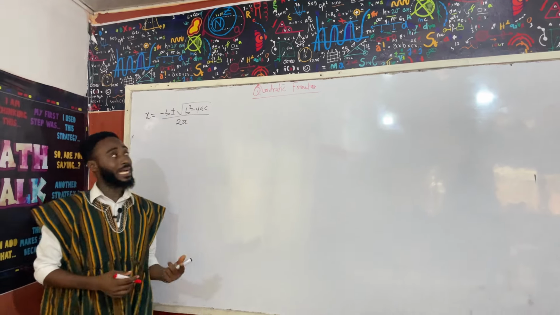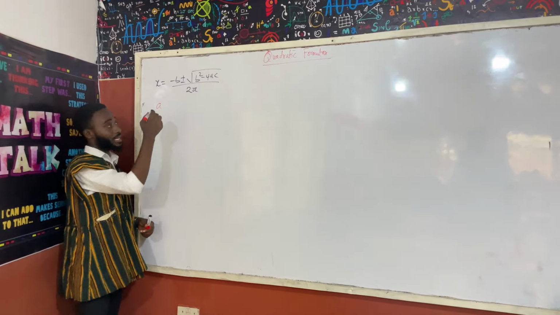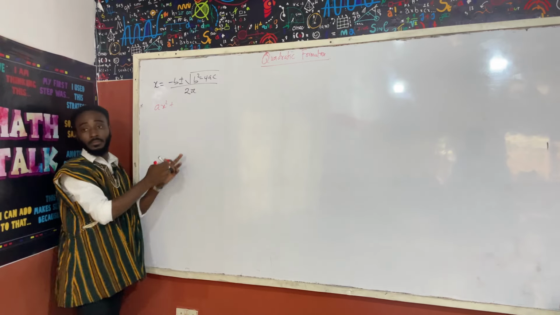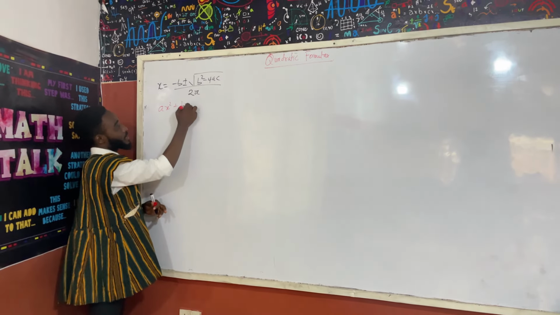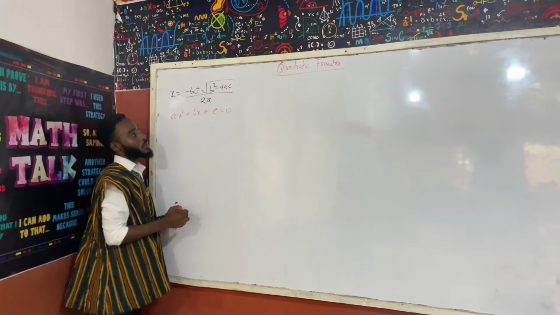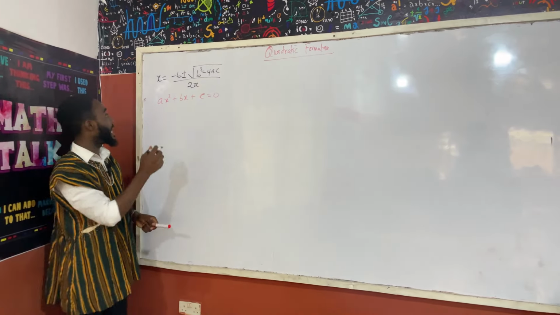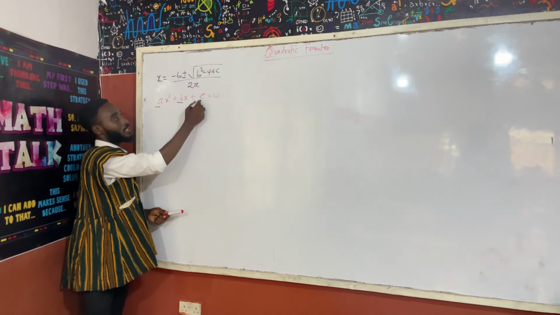We all know that quadratic equations are written in the form ax squared plus bx plus c equals 0. So this is a typical quadratic equation with these elements as your coefficients.